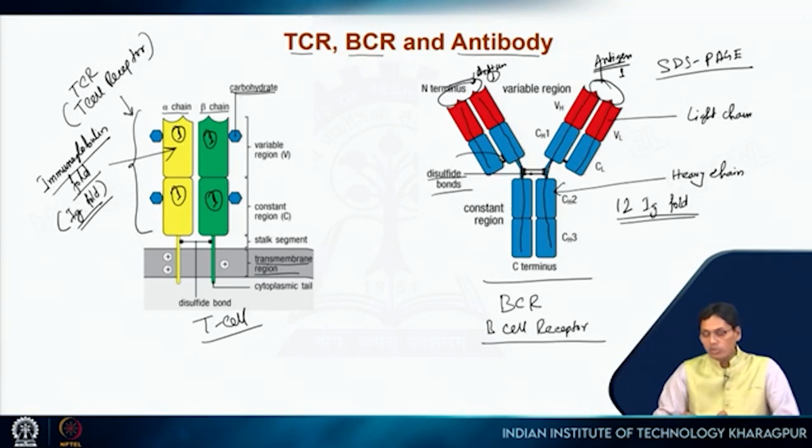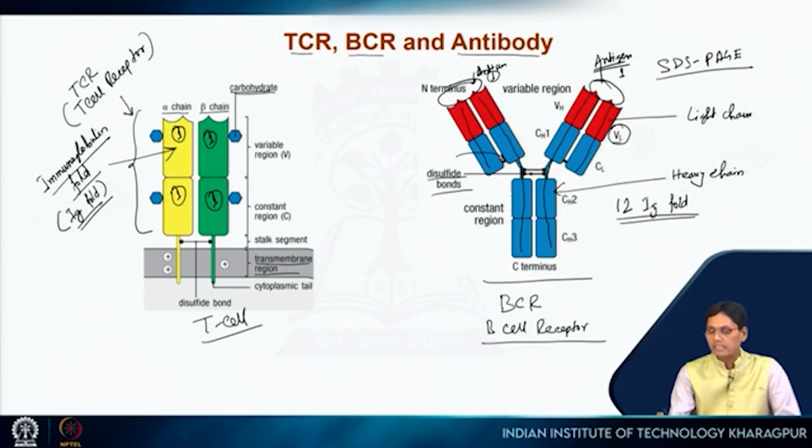And I would also like to mention here that every unit here is an Ig fold. As I mentioned, 12 Ig folds, you can now understand from the figure why 12. And the terminal region here, which is capturing the antigen, is called the variable domain.